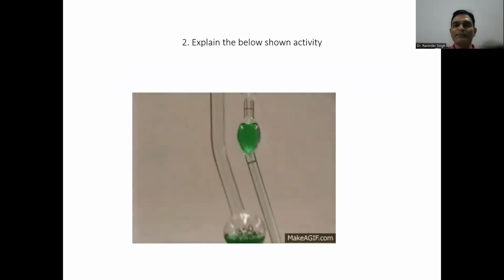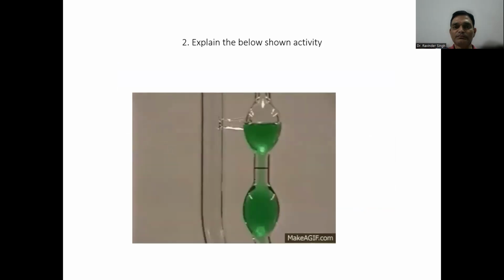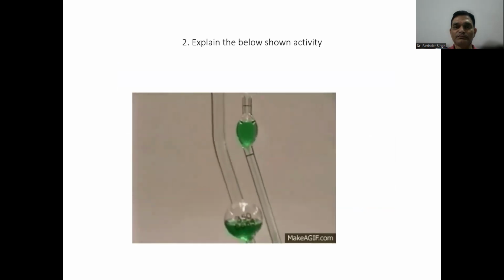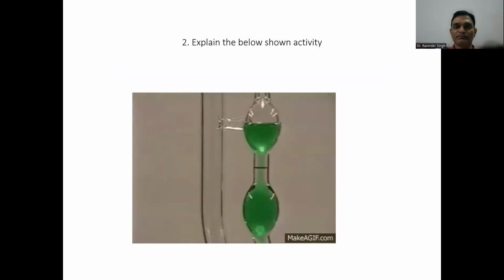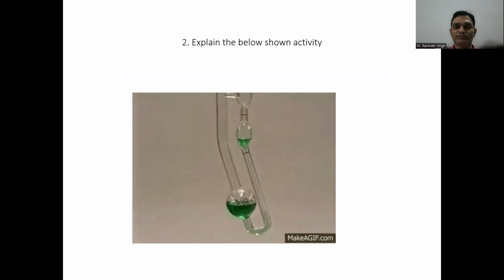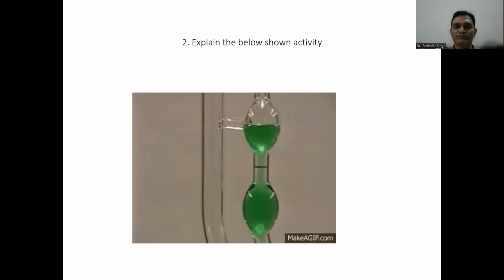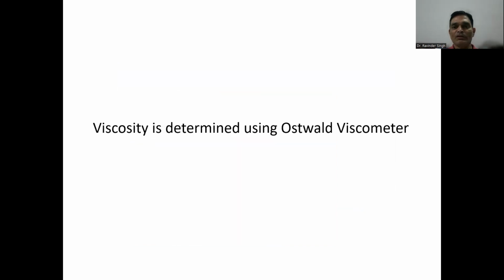Next question, explain the below shown activity. That instrument is called the Ostwald viscometer, which is used to determine the viscosity of the given solvent or the given mixture.